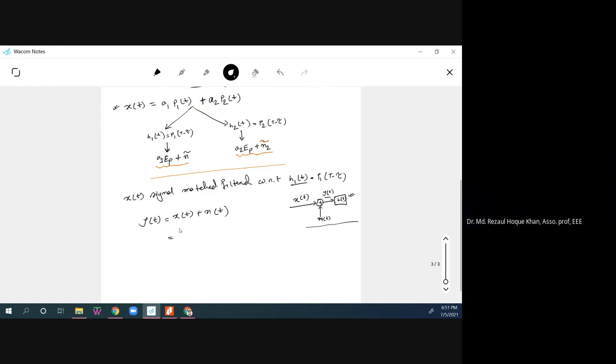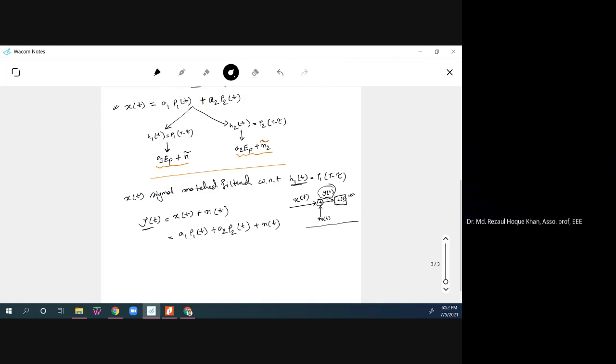So what is x(t)? x(t) is nothing but a1 p1(t) plus a2 p2(t), plus n(t). We are saying that this y(t) will be matched filtered with respect to h1.